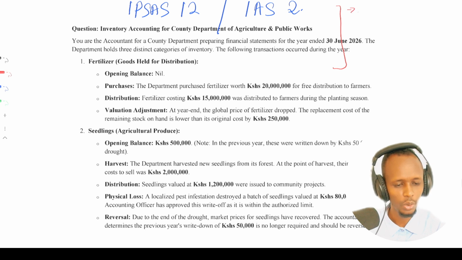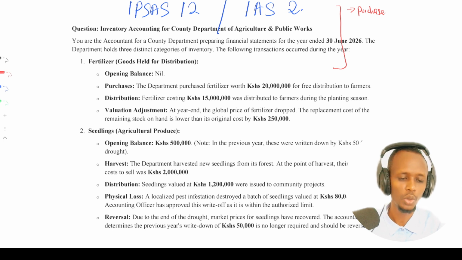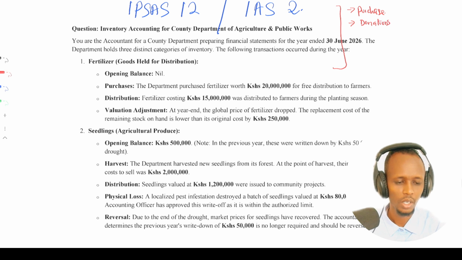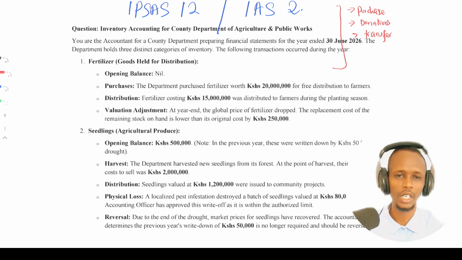Number 1, through purchase, when you buy inventory. 2, through donations. 3, you can also get inventory through transfer from other assets, like biological assets.